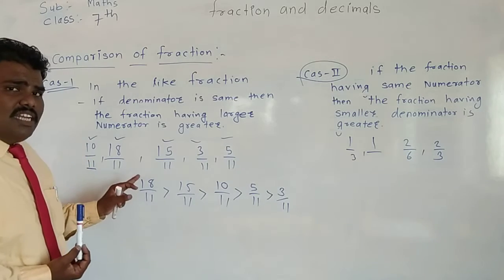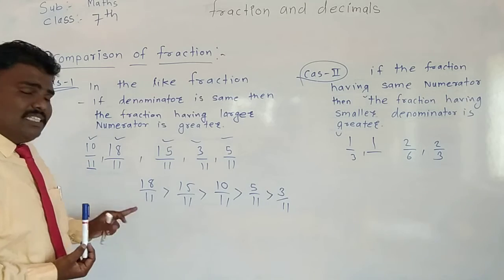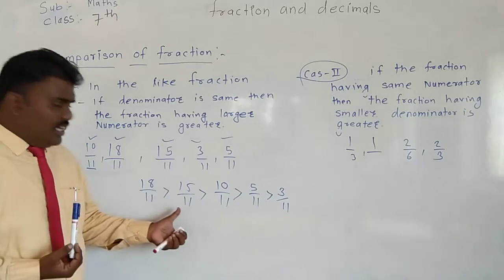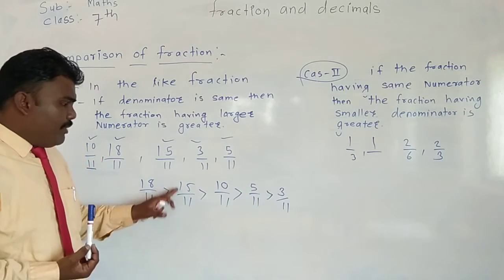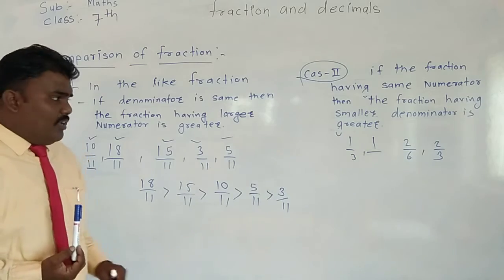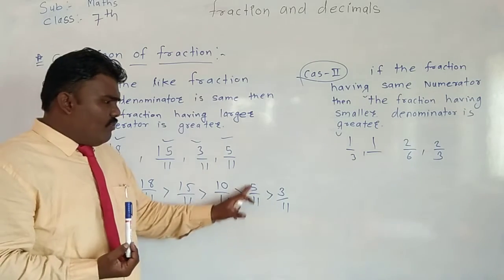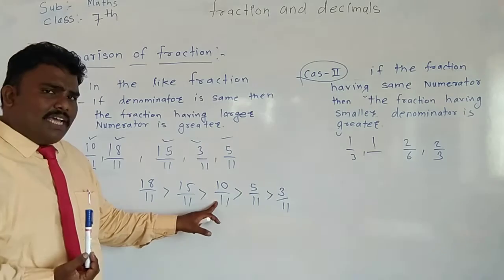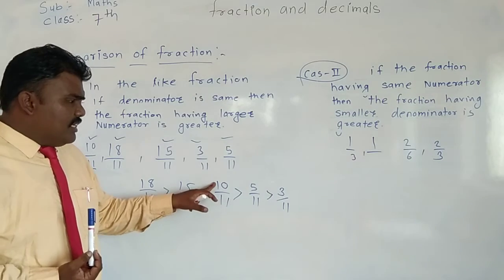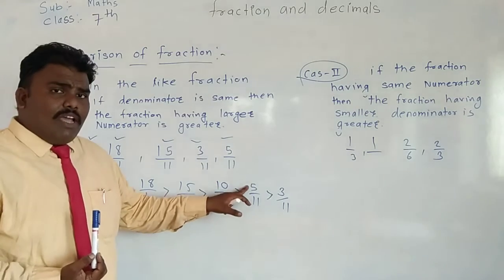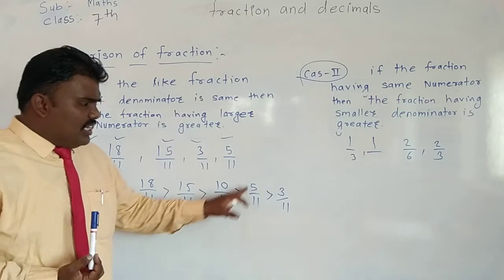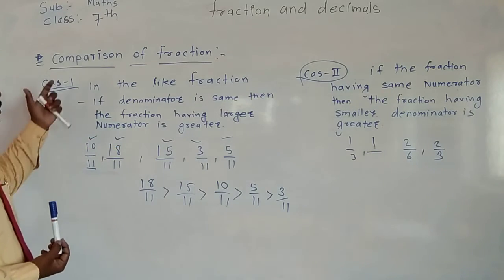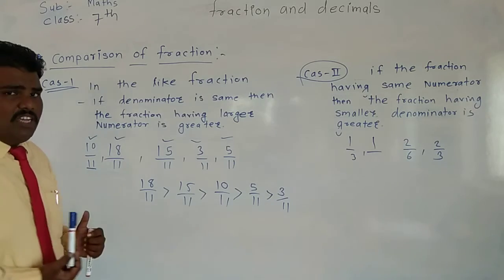The fraction with the greater numerator is greater than the other fraction. So 18 by 11 is greater than 15 by 11, and 15 by 11 is greater than 10 by 11. 10 by 11 is greater than 5 by 11, because in this fraction 10 is greater than 5. So this is how we compare like fractions.